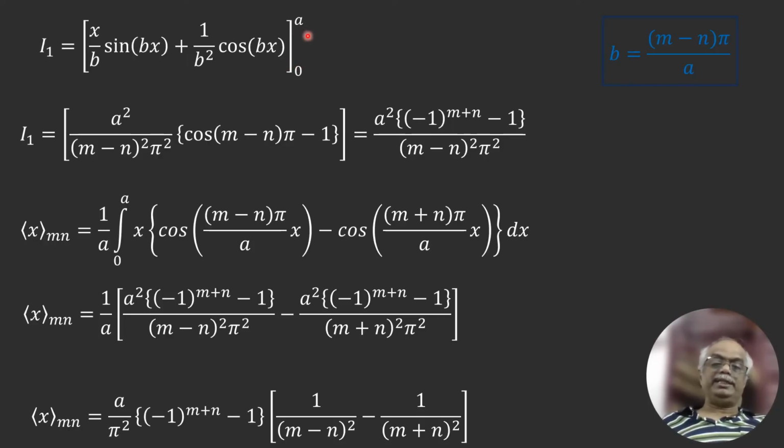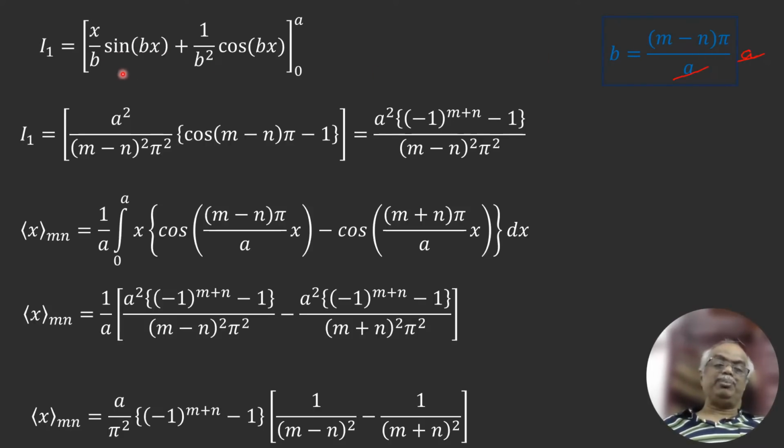First you apply the limit a. We have taken p is equal to (m minus n) pi over a. If x is equal to a, then this a will get cancelled, so this will become (m minus n) pi.